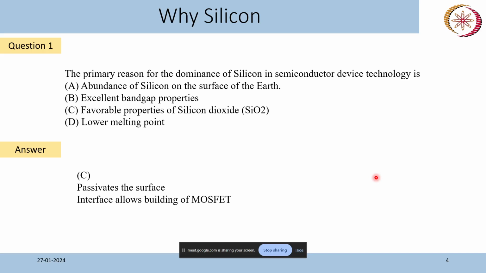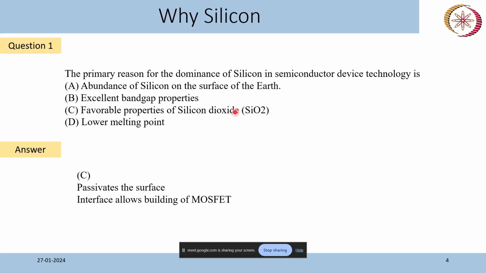It is 1.12 electron volt, and silicon is an indirect band gap semiconductor. Indirect band gap semiconductors are not useful in some applications, so for those applications direct band gap semiconductors are used, for example gallium arsenide. So for some applications, silicon is not used.